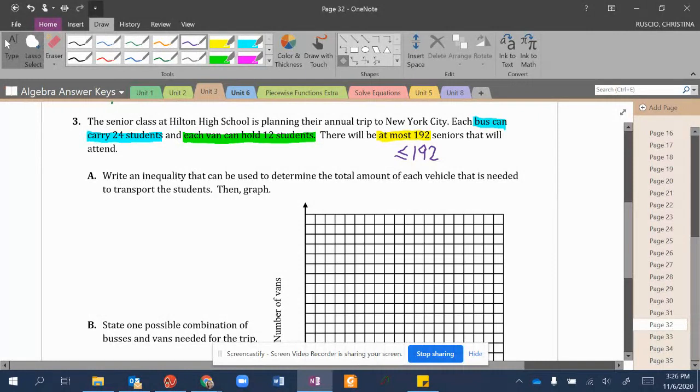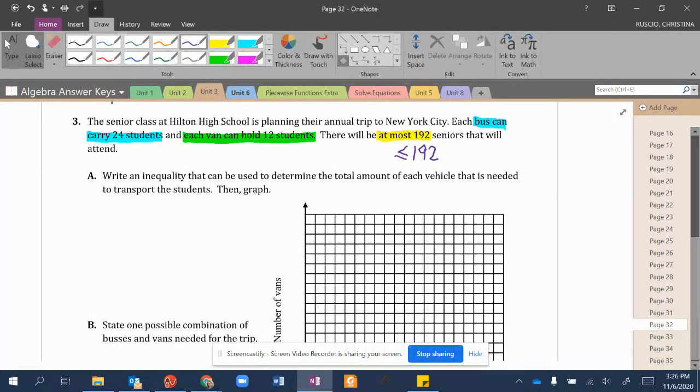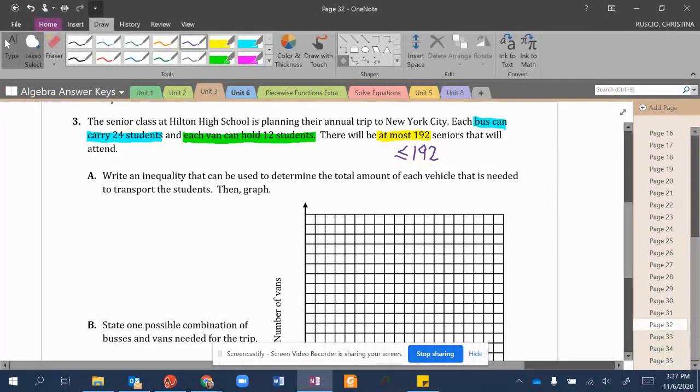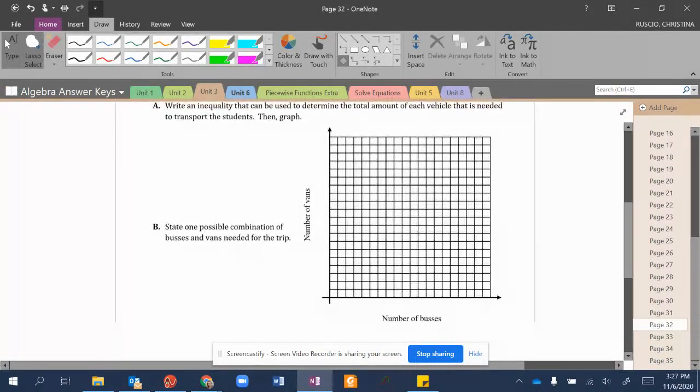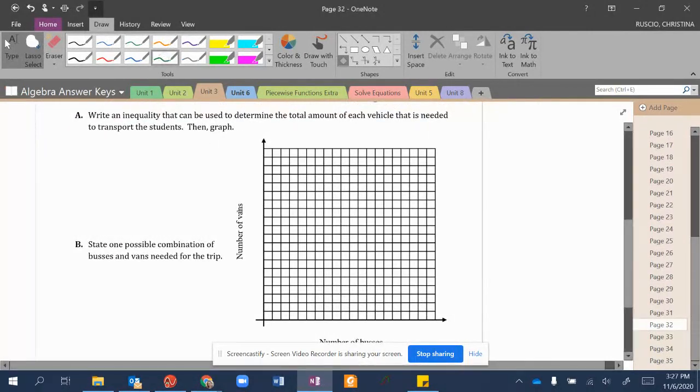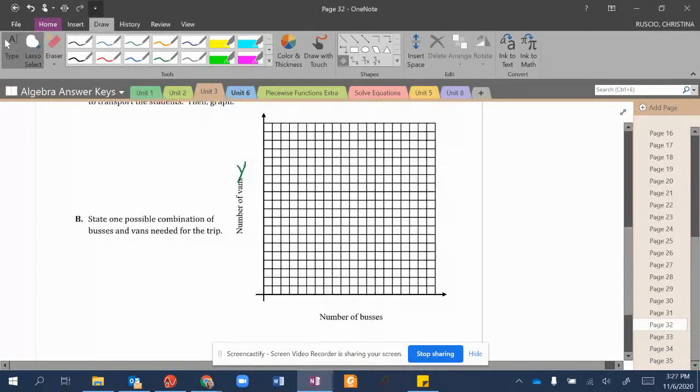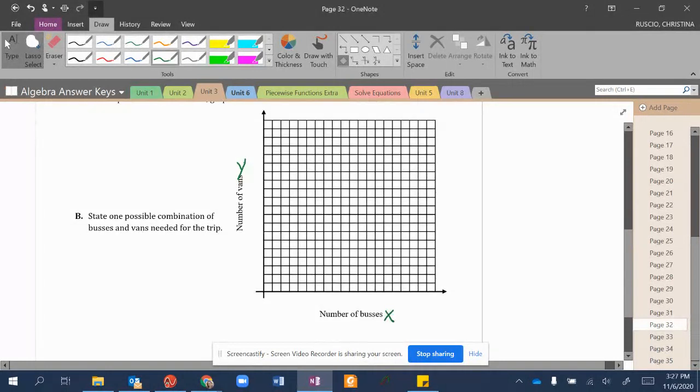All right, so A, no surprise here, write an inequality. Well, we just talked about the at most. So we need to write an inequality that's going to model this. So if we wanted to, we could definitely set up a table of values. But the really nice part here is if we look at our graph, we can see the number of vans is our y value and the number of buses is our x value.